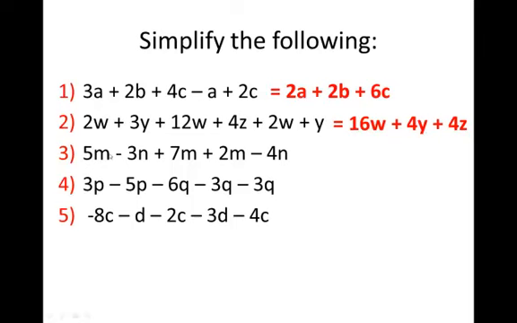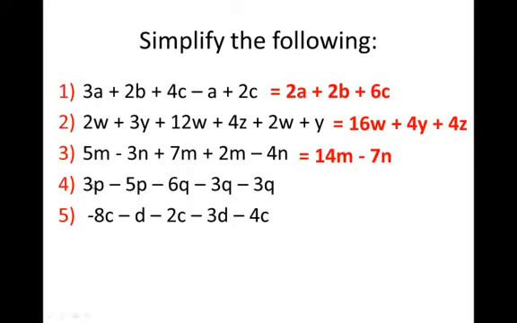For the next one, we have 3 in the M family, plus 5 plus 7M is going to give us 12M, plus another one is 14M. We have negative 3N minus negative 4N, so you need to think about the number line. That's going to give us negative 7N. So the answer would be 14M minus 7N.